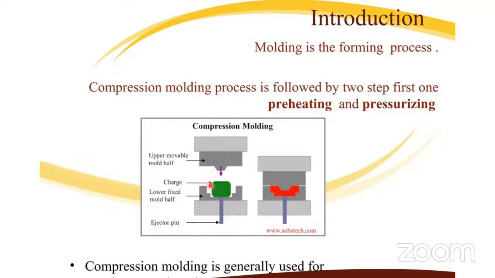Now this green part is showing the charge. That means raw material. It may be in a specified tablet form, maybe in round form, maybe some powder, maybe they are charging. But before that, you have to take the weight of it before putting it here.